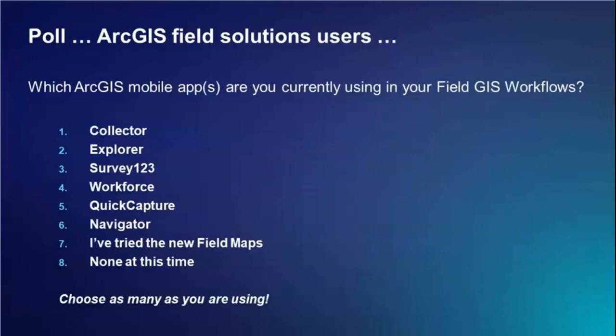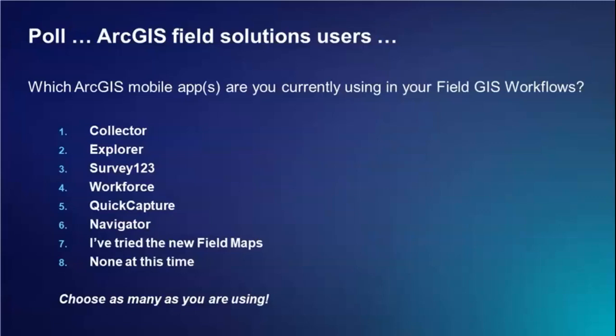You've shown us at conferences and we've seen what you've done out there, and they really help increase your efficiencies for collecting your data and having an authoritative source of data, as well as sharing that information with those back in the office. So just take a minute, and the poll will be open for another 20 seconds or so, and let us know which one of them you have used.